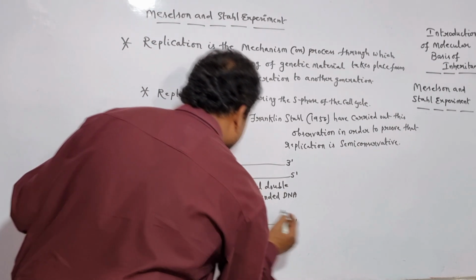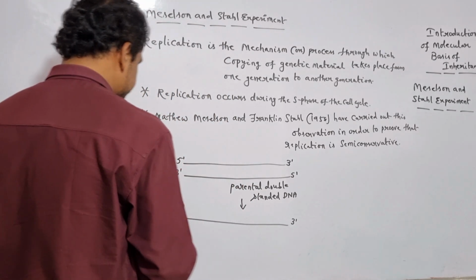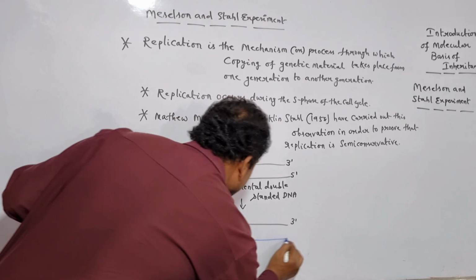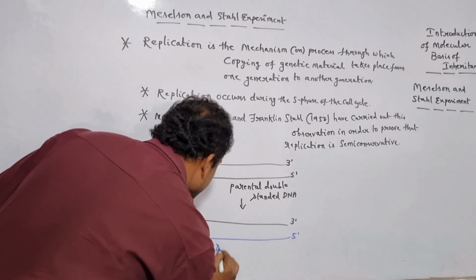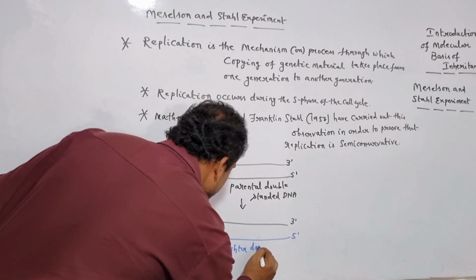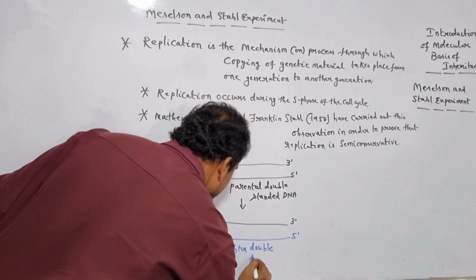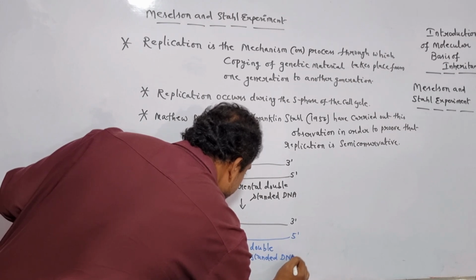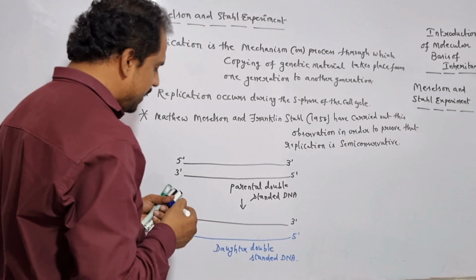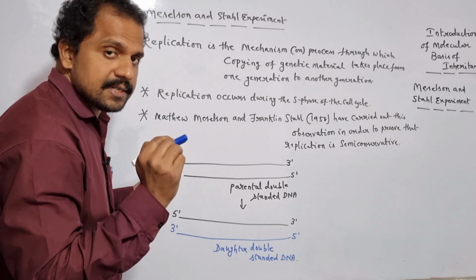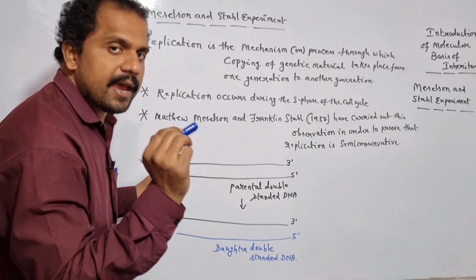Daughter double-stranded DNA, right? So here in case of the parental double-stranded DNA, out of the two single strands, both the single strands from the parental origin act as templates.